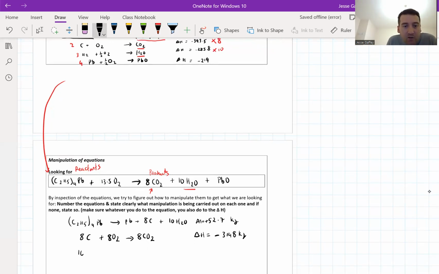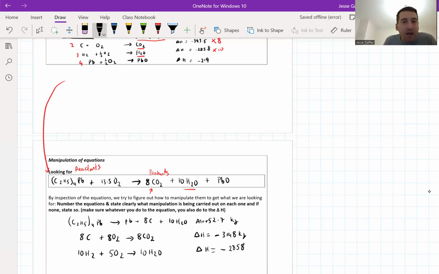So that's 10 H2 plus 10 times a half, which is 5 O2, reacts to make 10 H2O. My delta H is going to be a negative number again, and it's 10 times that. So minus 285.8 times by 10, wasn't it? Gives me minus 2858.